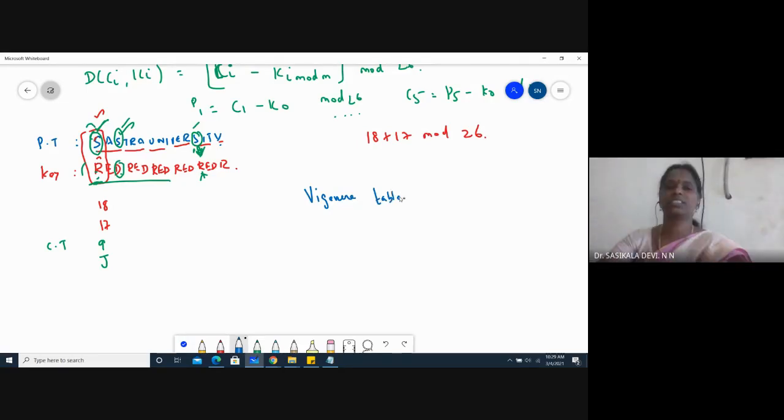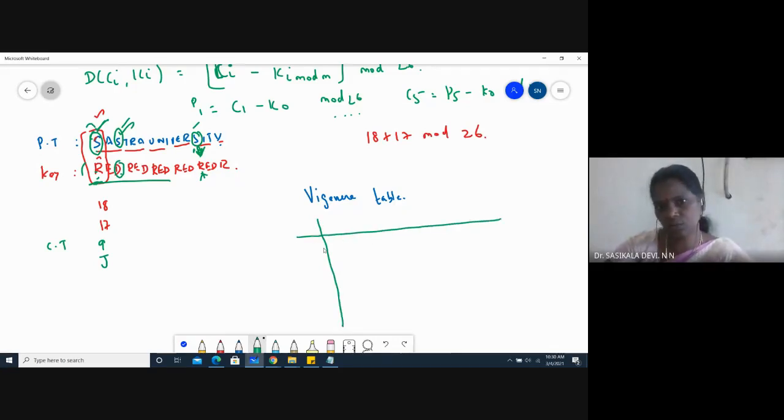The Vigenere table can be easily constructed. It has 26 rows and 26 columns. Each row is filled with the alphabet in alphabetical order, A, B, C, D, E, and so on, and each column is labeled A, B, C, D, E, F, and so on.